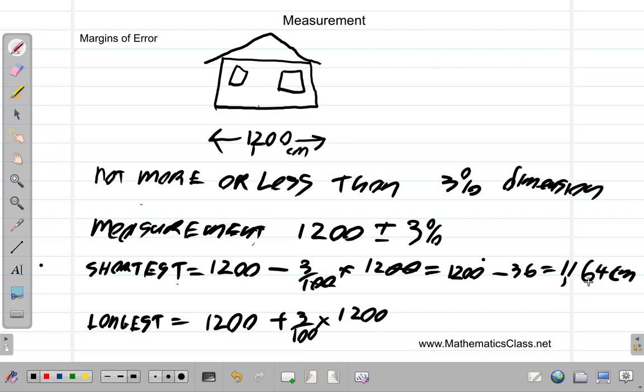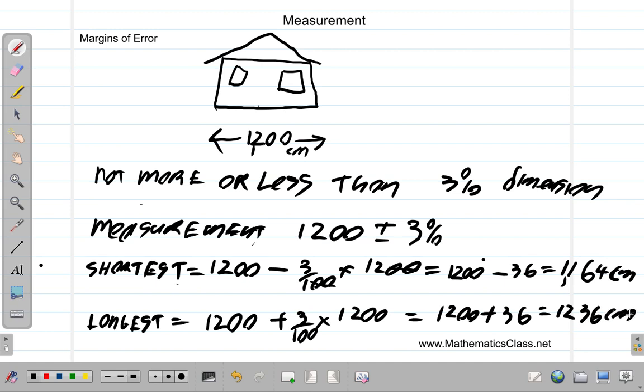So a house can be as short as 1164, and a house can be as long as 1200 plus 36. So it can be as much as 1236 centimeters.